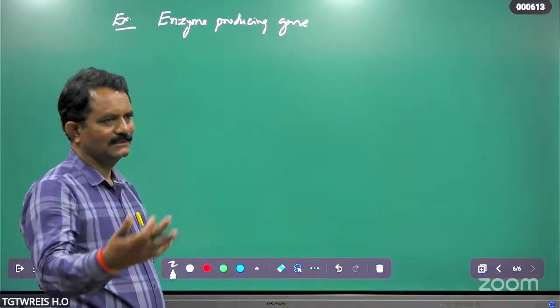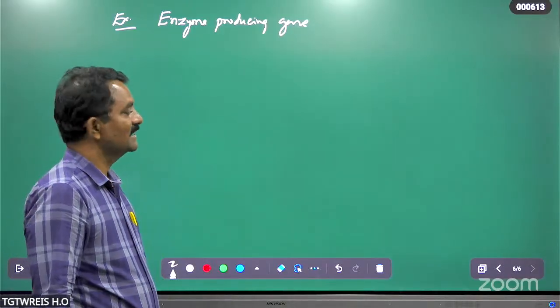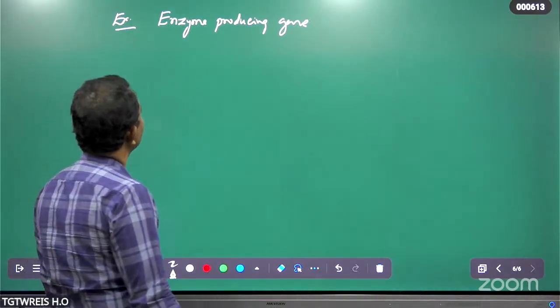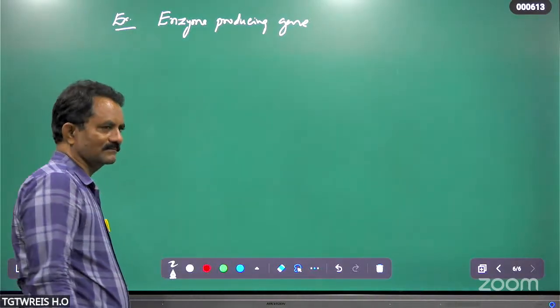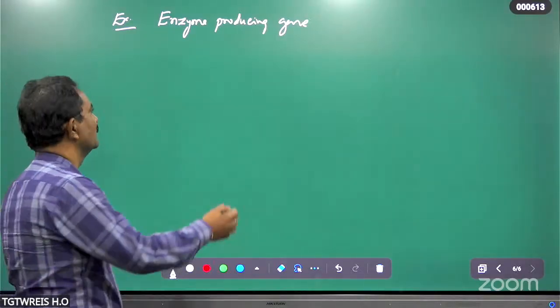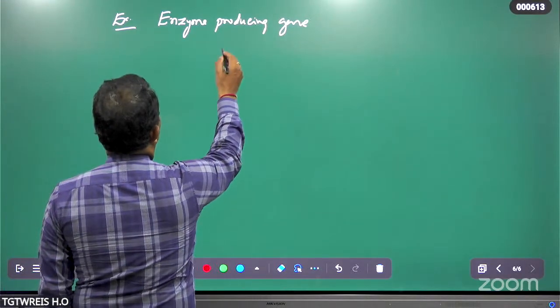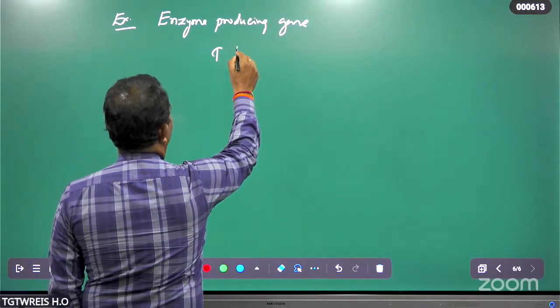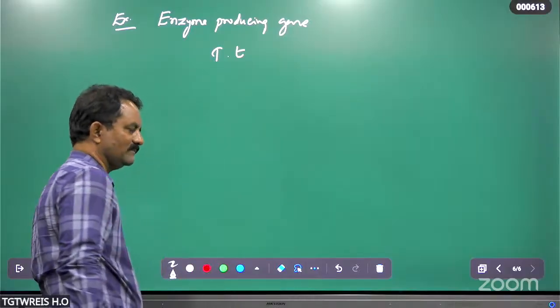A gene produces an enzyme as a phenotype. Here two alleles are there, one allele and another allele, that may be small or capital.